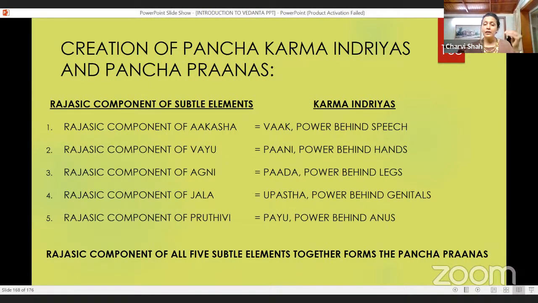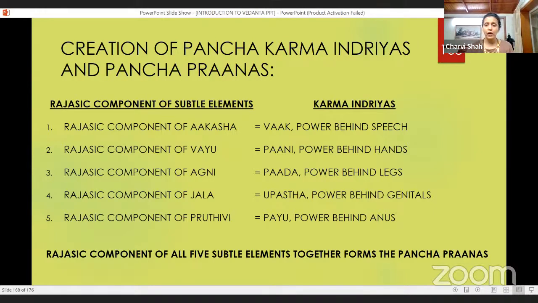that the same way, the rajasic component of Akasha, Vayu, Agni, Jala and Prithvi are responsible for the Panchakarmendriyas. So the rajasic component of Akasha is the power behind the organ of speech, the tongue, Vak. The rajasic component of Vayu is responsible for the power behind the hands.